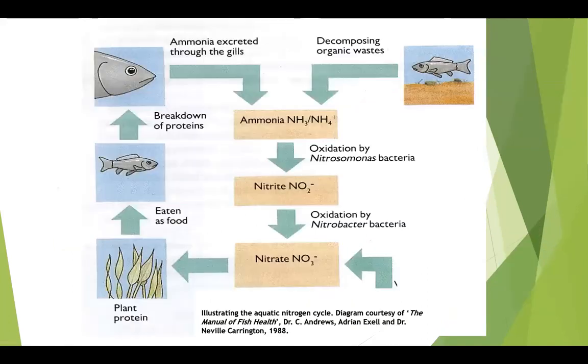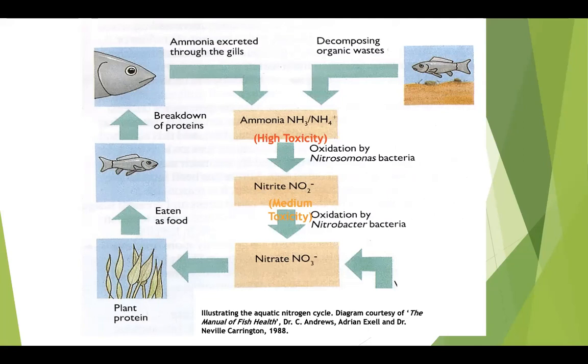So one final benefit is the management of pollutants, that is, the ammonia and nitrogen cycle within a fishery. Ammonia is a waste product of the breakdown of protein by fish. It's highly toxic. That's broken down by nitrobacteria into nitrite, which is of medium toxicity. It's still toxic, but not at the levels that ammonia is.